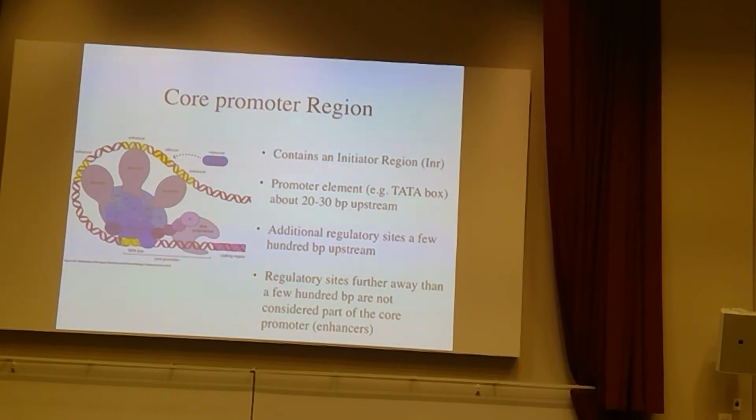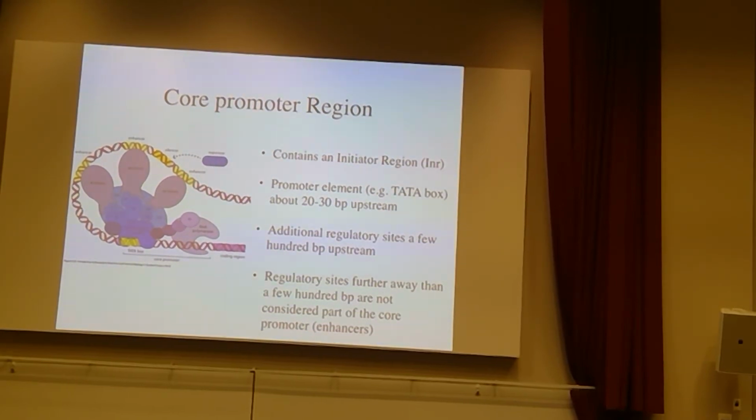So here is our coding region. That contains an initiator, sometimes abbreviated as INR. And then upstream of that, there's that promoter that's so typically used by polymerase II, the so-called TATA box. And so this constitutes what's called the core promoter region. Lots of times there's additional regulatory sites that are upstream.